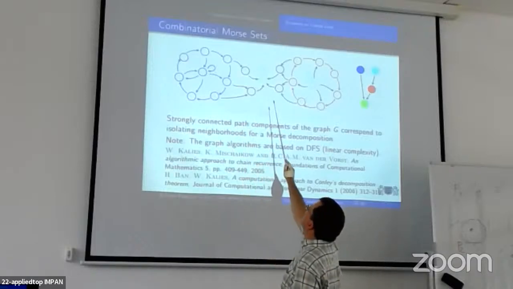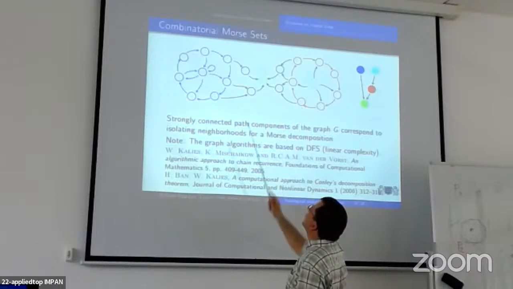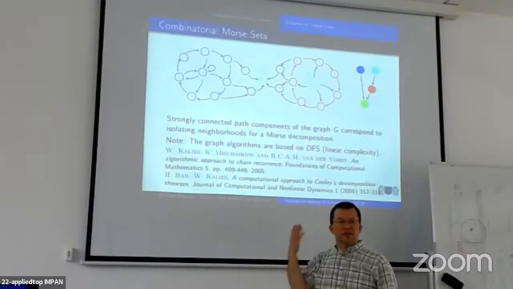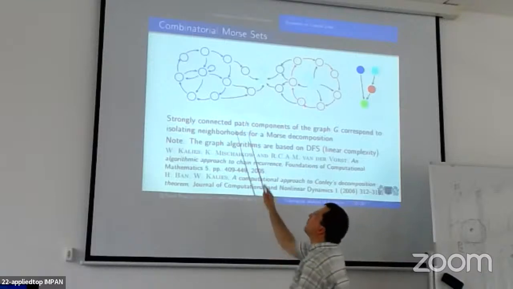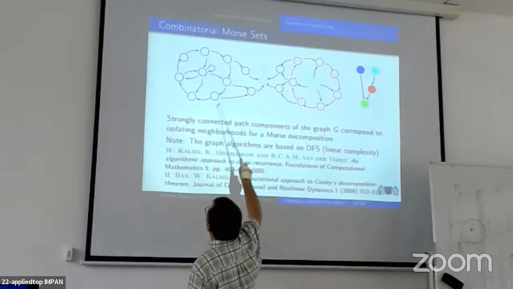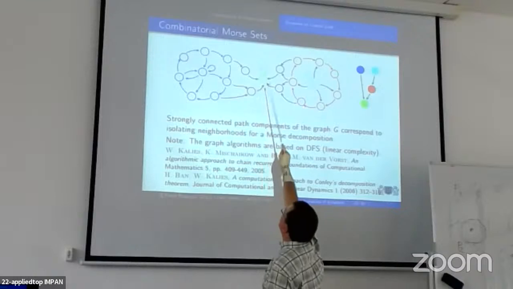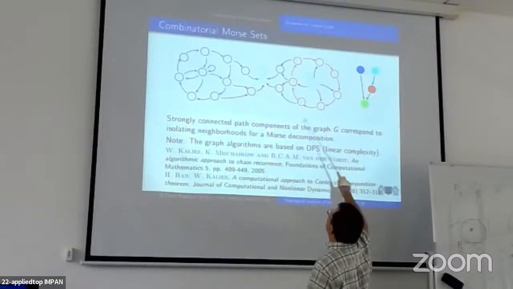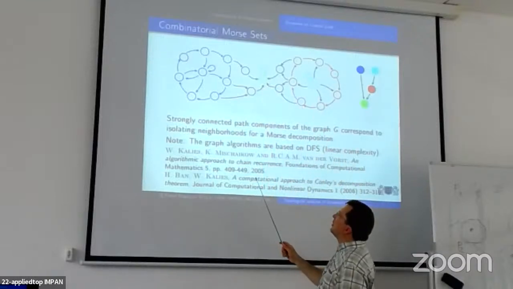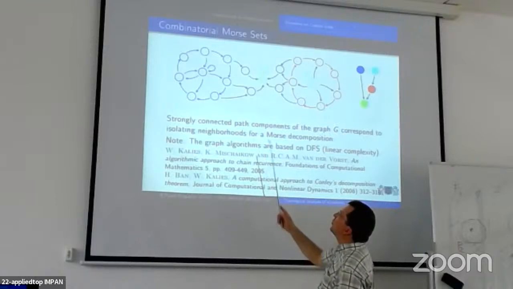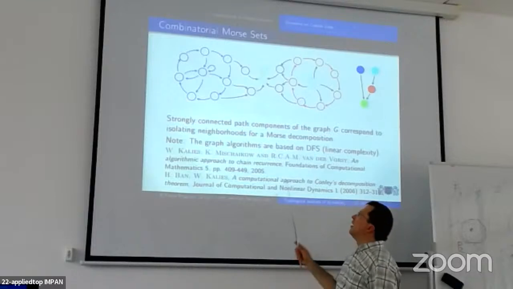And this sort of resembles the dynamical system I was showing at the beginning. We have a big disk, it is an invariant set. We have a fixed point, a cubical trajectory, and another fixed point. And it turns out that these strongly connected components are isolating neighborhoods.